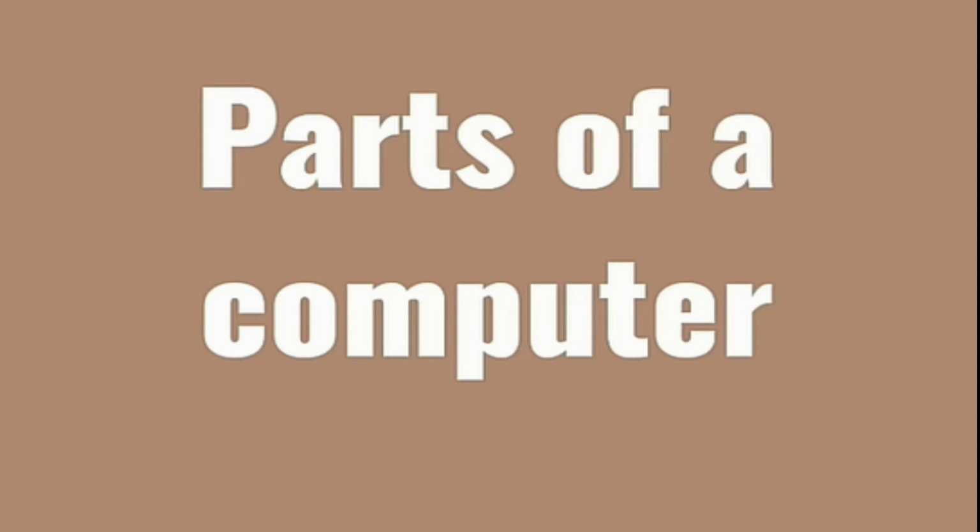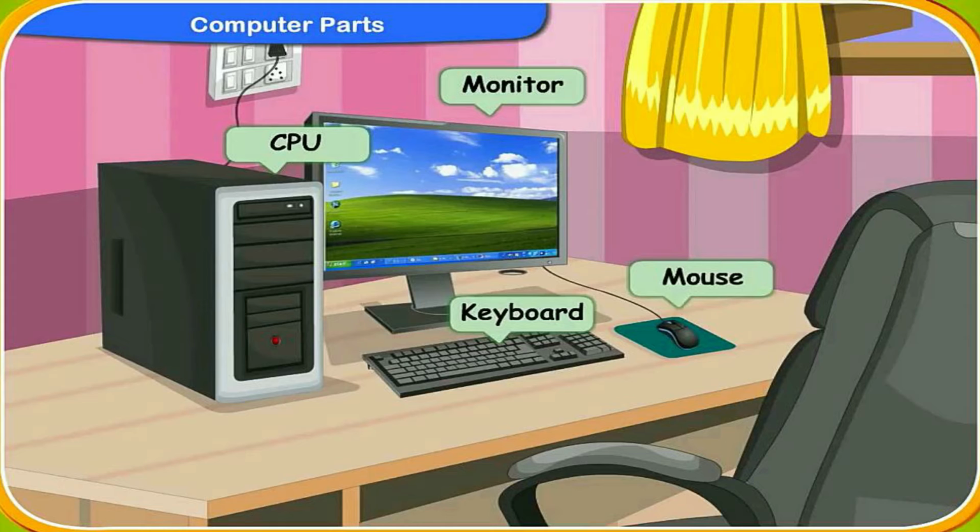Parts of a computer. Now we are going to discuss the different parts of a computer. A computer has four main parts such as monitor, CPU, keyboard, and mouse, as you can see on your screen.